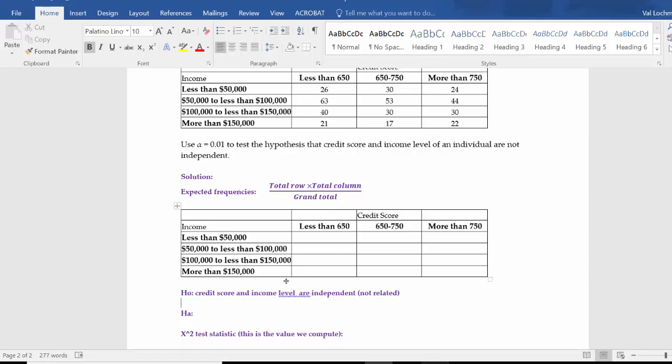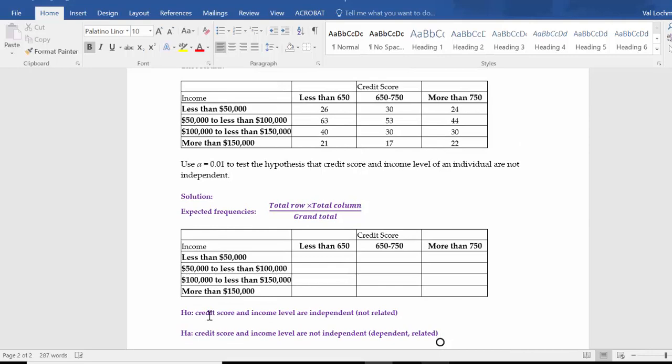All right, the alternative hypothesis would say that they are dependent, and that is always going to be the case. You can say are not independent, or you can say dependent or related. Okay, all of these statements are equivalent or acceptable. Okay, so that's what we want to find out. Is the relationship between credit score and income level? Okay, so how are we going to do it?